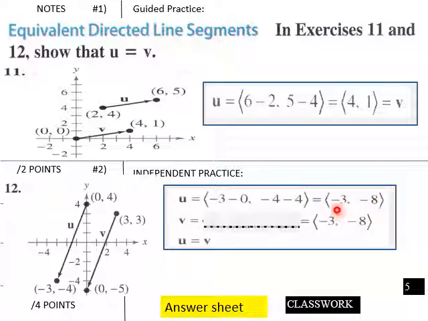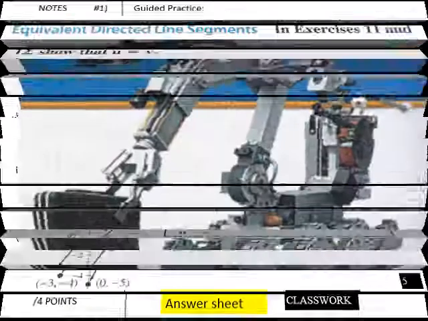When we combine our values here to find our vector values, we have (-3, -8). And then down here for V, we have 0 minus -3, and then -5 minus -3, and we get the same thing. We get (-3, -8). So our vector values do equal each other. In this case, U equals V.